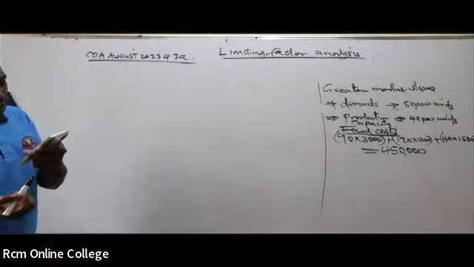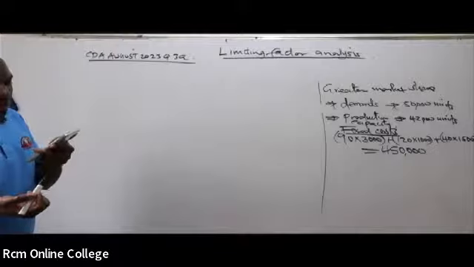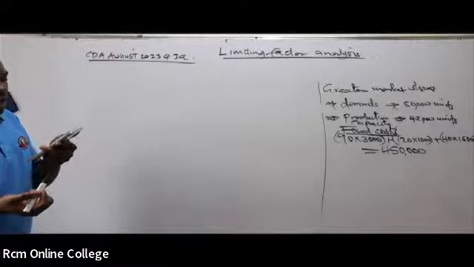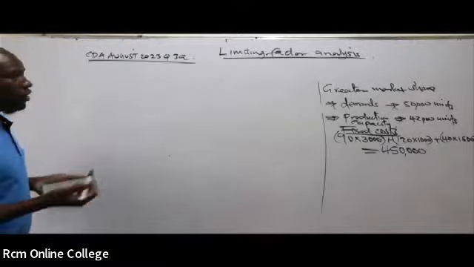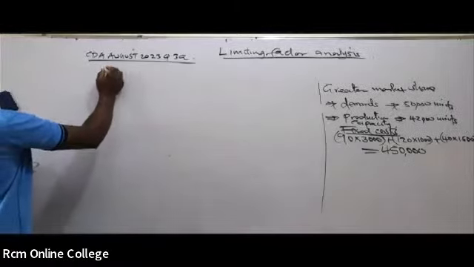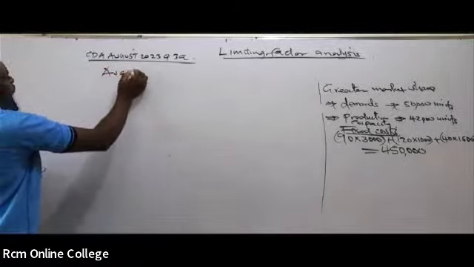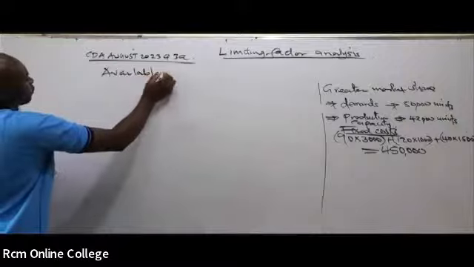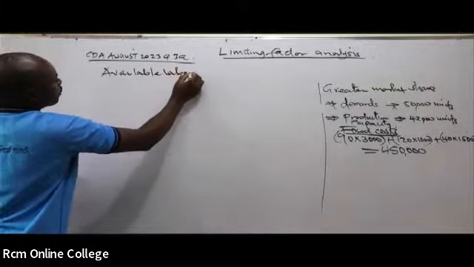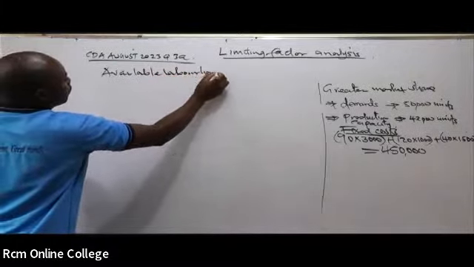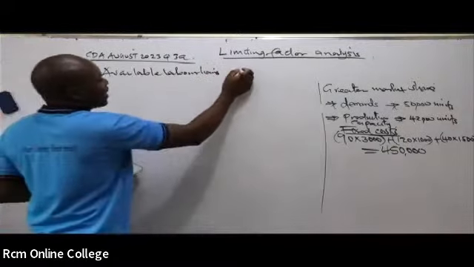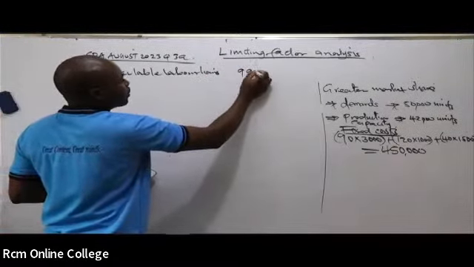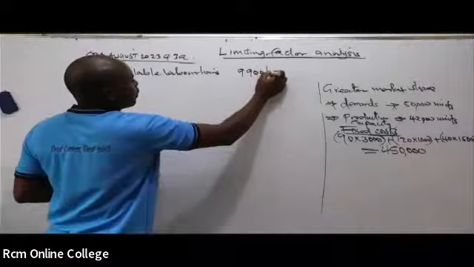Number 3 says Urembo Lifestyles has a maximum of 9,900 labor hours available for next year. So available labor hours is 9,900 hours. That is what we have.